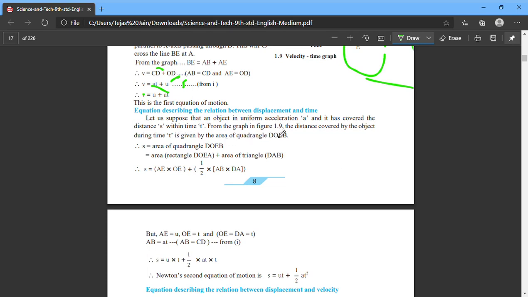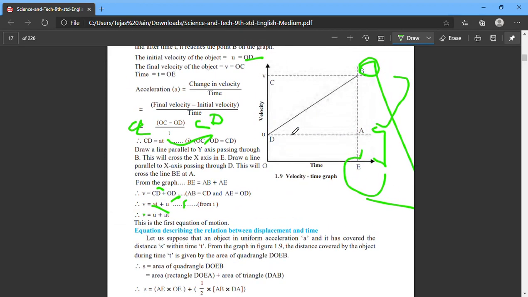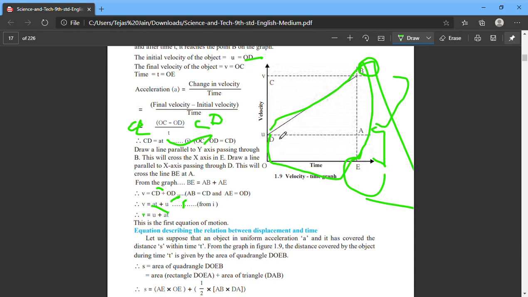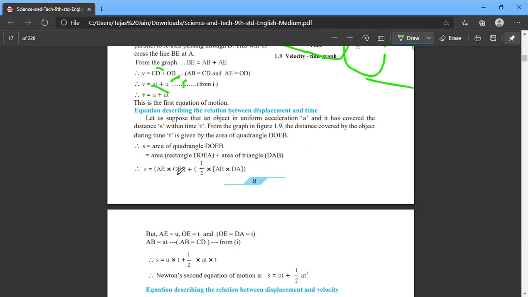From the graph in figure 1.9, the distance covered by the object during time t is given by the area of the quadrangle DOEB. Now see once again, DOEB. Right?